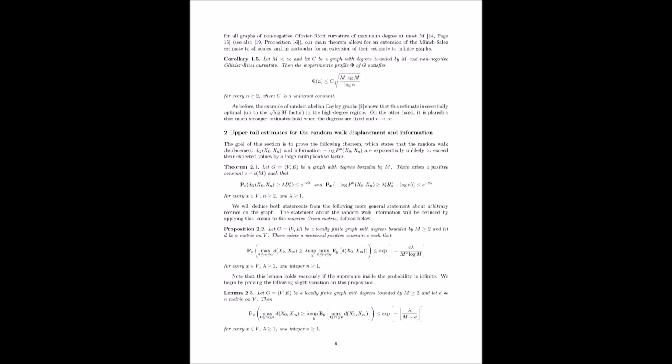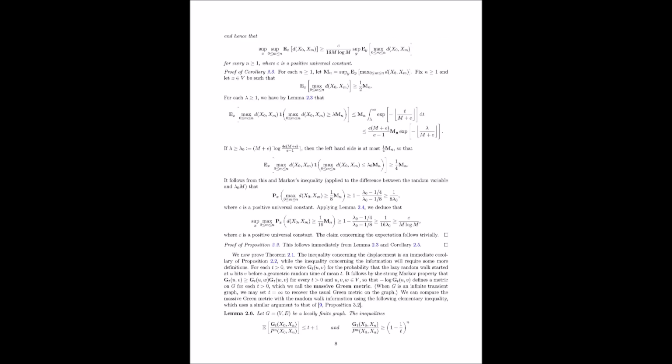That's really cool. So what does this bound actually look like? So corollary 1.5 states that for a graph G with degrees bounded by M and non-negative Ollivier-Ricci curvature, the isoperimetric profile phi of n is bounded above by a constant multiplied by the square root of m times log of m, all divided by log of n. Okay, so let me break that down.